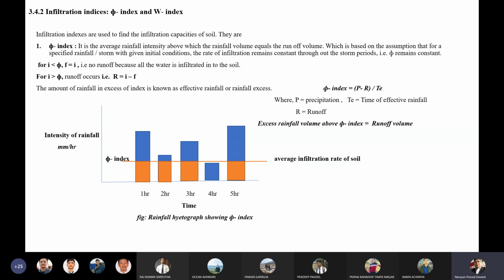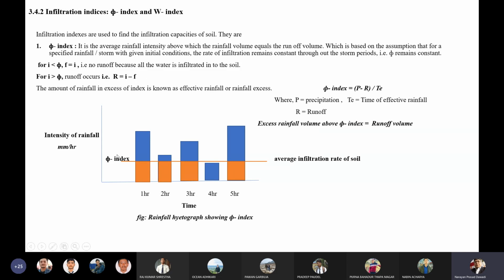The runoff intensity is calculated as the intensity of rainfall minus the rate of infiltration. R is equal to I minus phi.